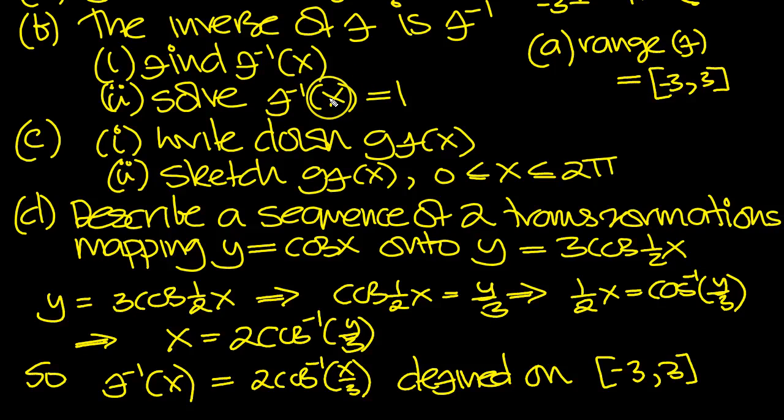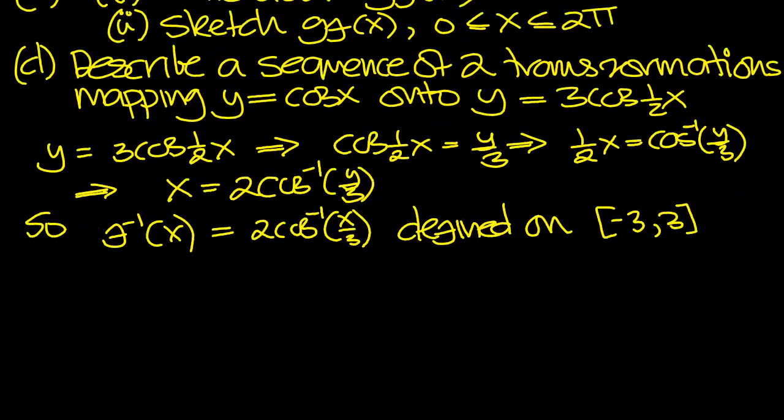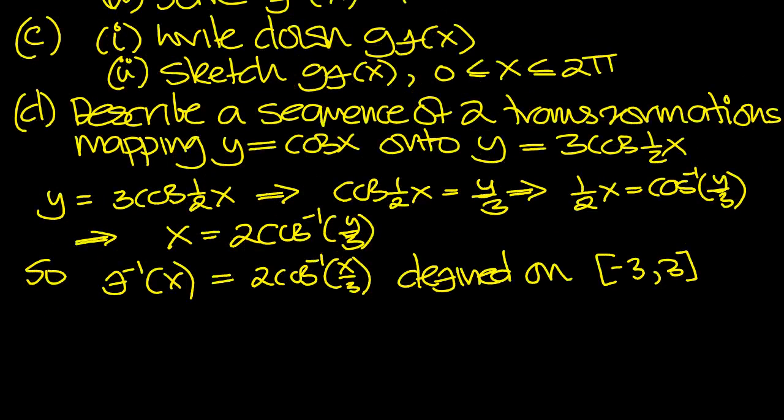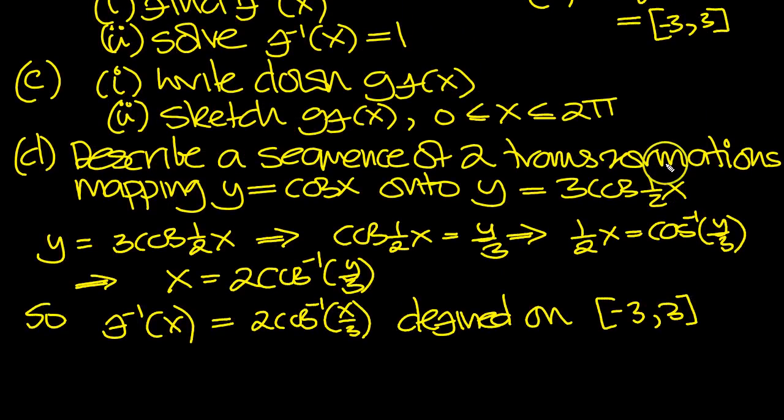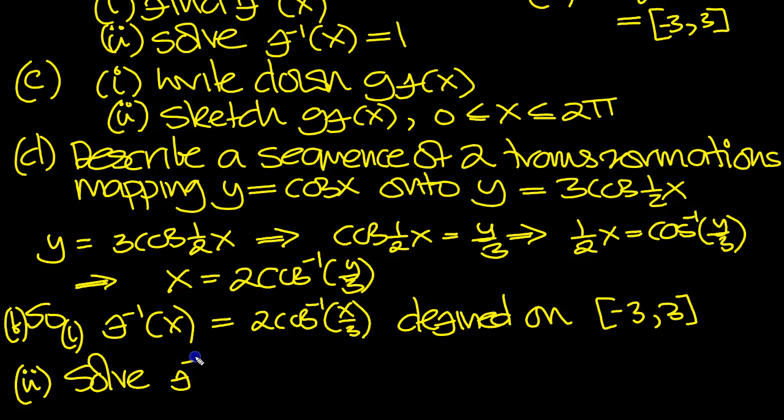Solve f minus 1 of x is equal to 1. So let's have a look at that. So part 2 now of b. So this is b, part 1 and part 2 now. So we need to solve f minus 1 of x equals 1.